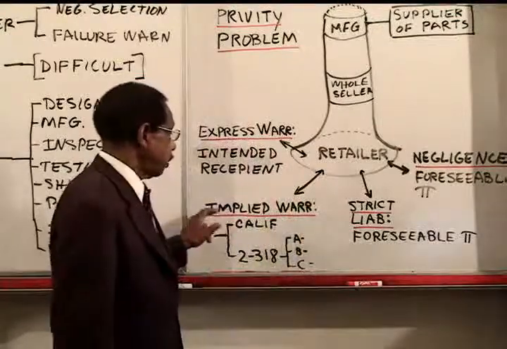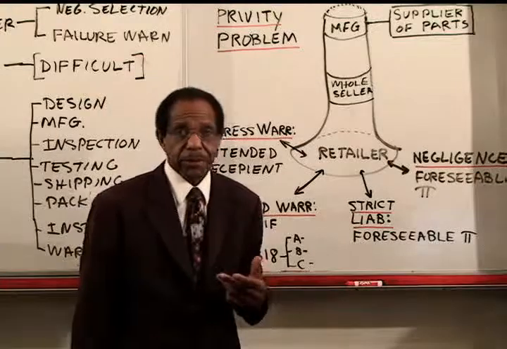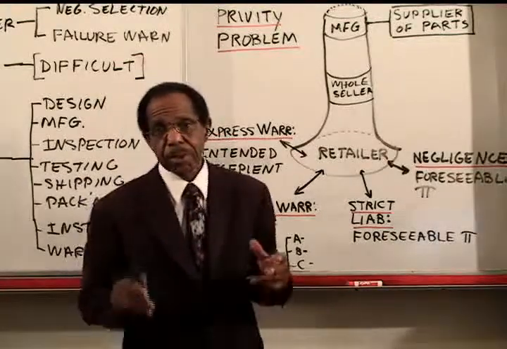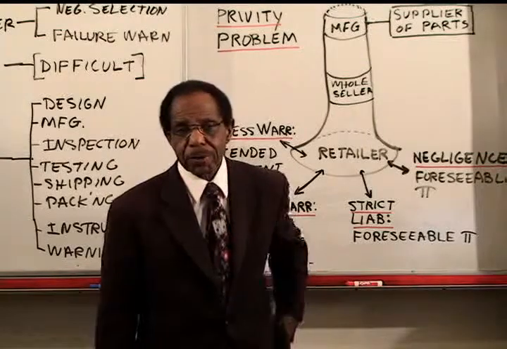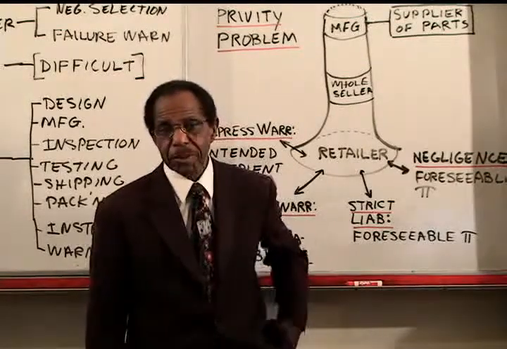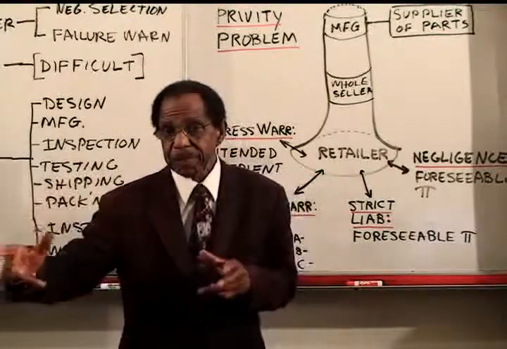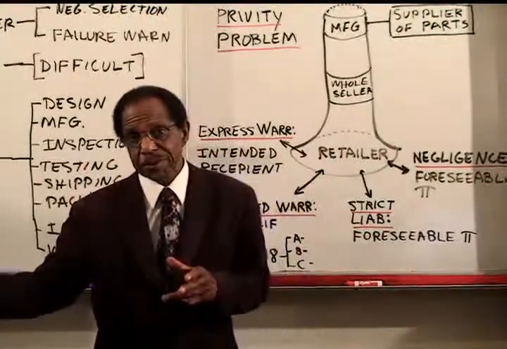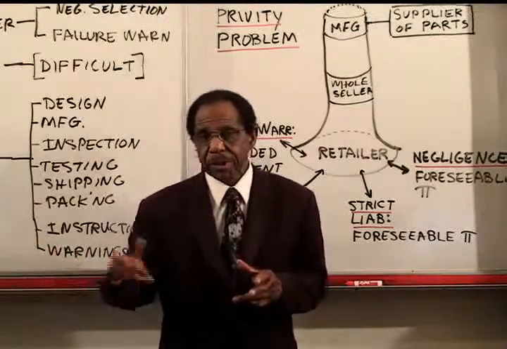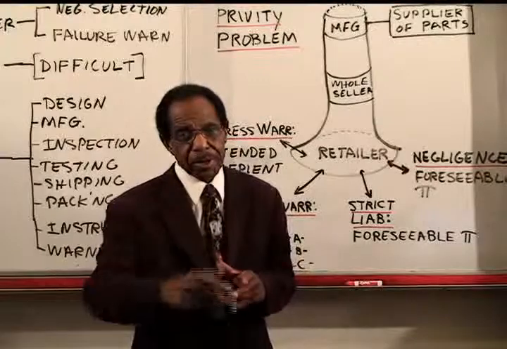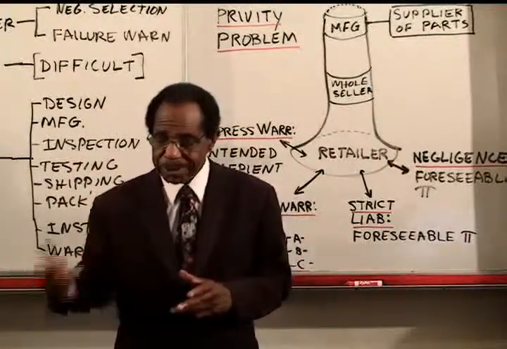But in the warranty cases, we're looking more at contract law, although warranty is a mixture of the two, and under contract law, you can collect for damages which were foreseeable at the time the contract was formed. If you made some unusual damage foreseeable, under Hadley versus Baxendale, if you did enough so that the other party understood you were going to suffer this damage if there was a breach, then you can collect that damage.